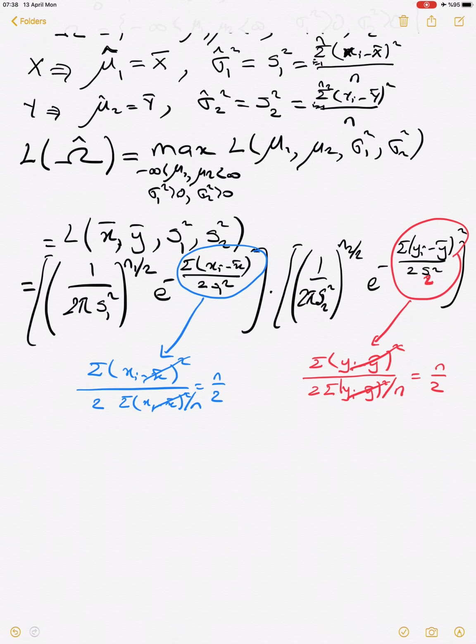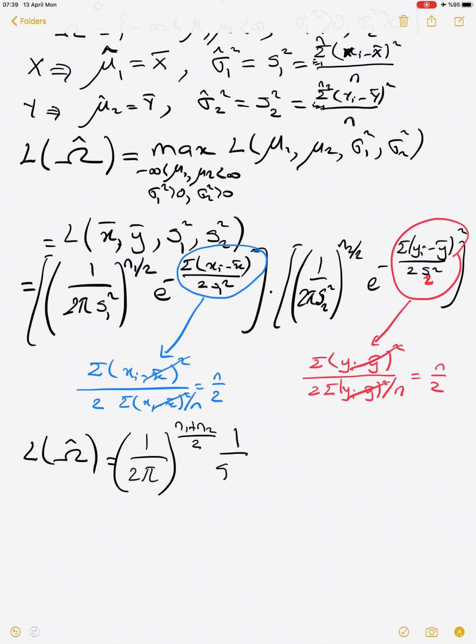Then our ratio will be, so let's combine the things. We have 1 over 2 pi to the power n1 plus n2 over 2, and we have 1 over s1 square to the n1 over 2, 1 over s2 square to the n2 over 2.